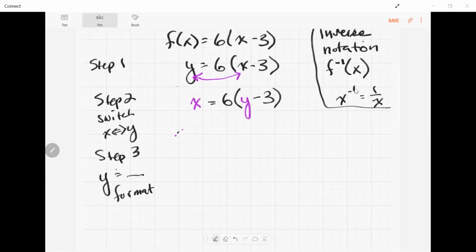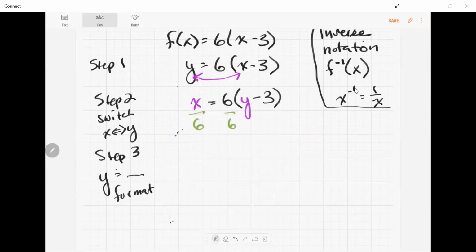Here is this y. We want it by itself. So what do we have to do to put this y by itself? The first thing is to divide both sides by 6.